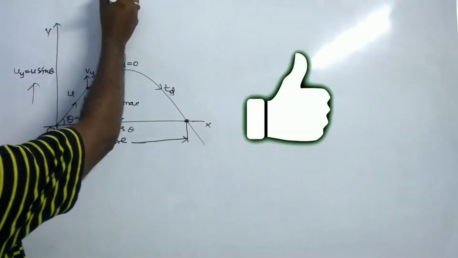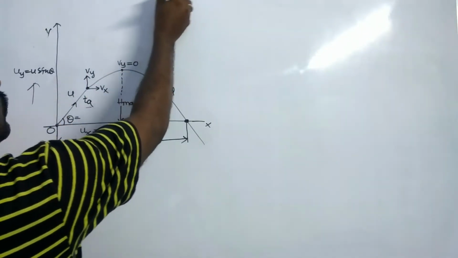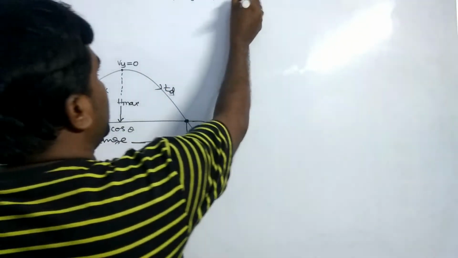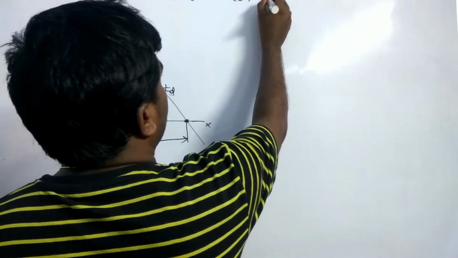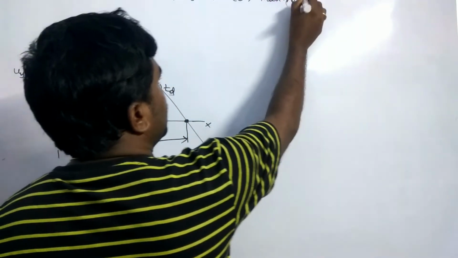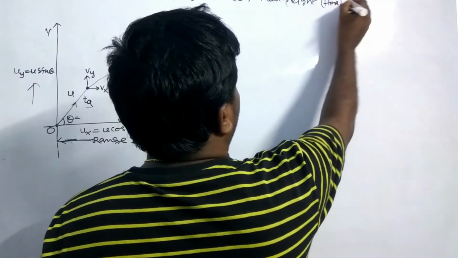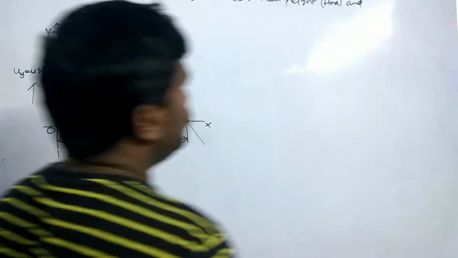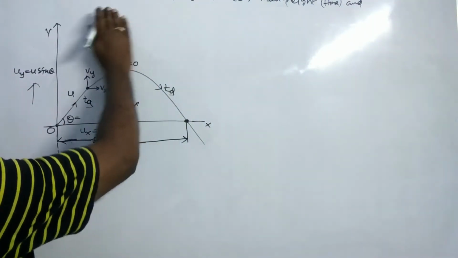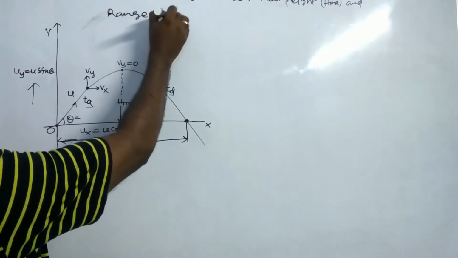For an angle of projection theta, maximum height h maximum, and time of flight, and you have to take a range r.